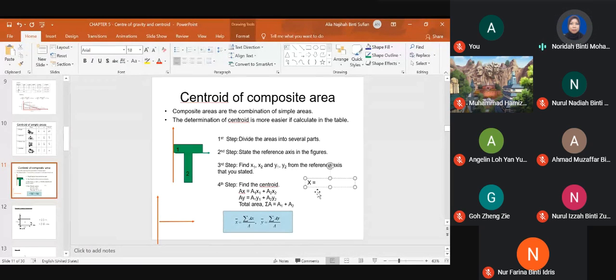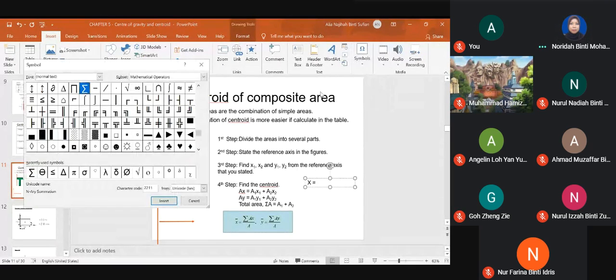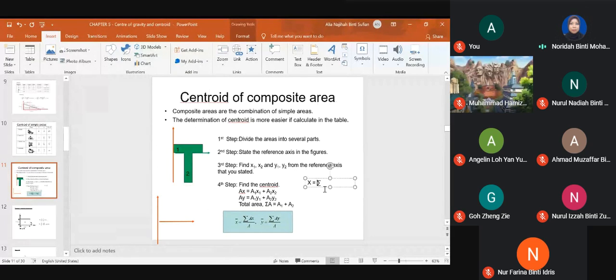X bar is equal to summation of A x bar divided by summation A. Okay, that is how we should write the formula. Same with y bar.